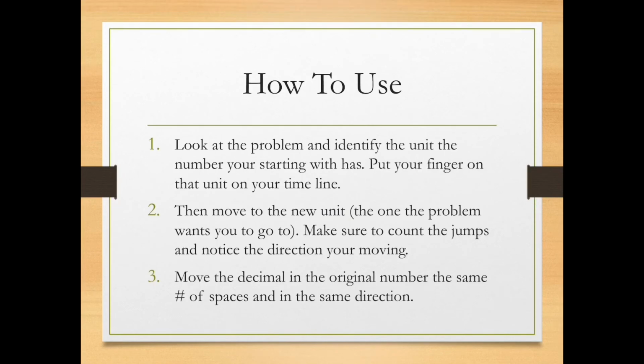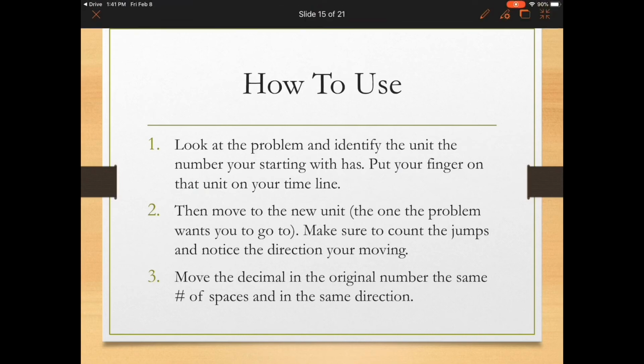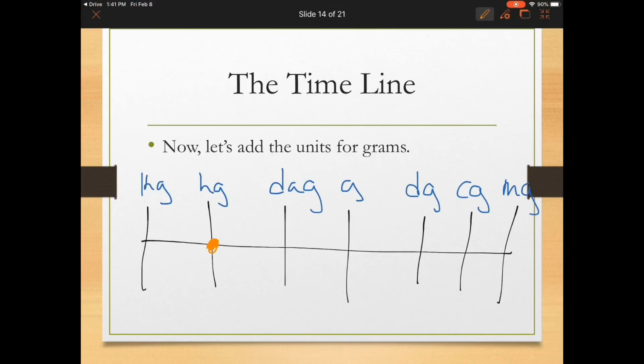And then you're going to move to the new unit, the one that the problem wants you to go to, making sure as you're moving to count your jumps and remember which direction you're going in. So if we are going from hectogram to decagram, we are going to jump to DA because deca is DA and D is deci. So I noticed that I went one jump to the right.